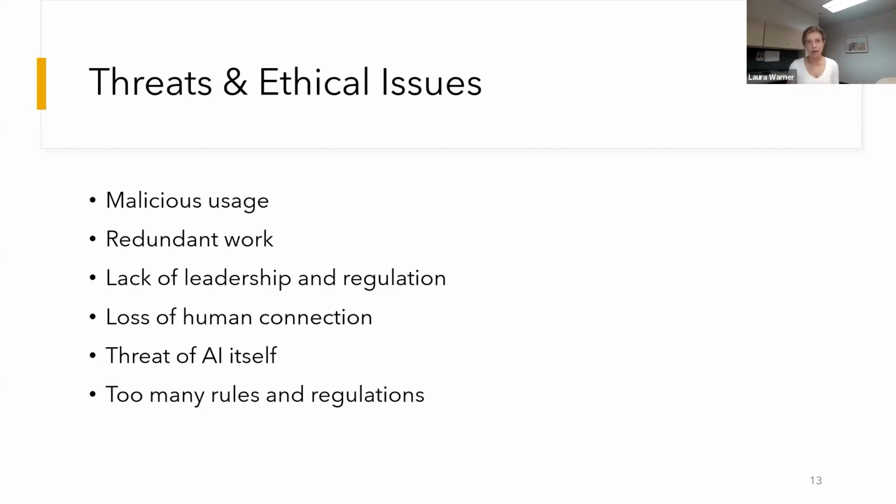I think that the majority of people don't need to worry, because you think of your work and you think of one task you do and another task you do and all the meetings and all the presentations and all the other background work and the network of your day-to-day office and life. There might be some small elements that you could offload onto AI, but not our whole jobs. There's a lot of lack of leadership and regulation around AI too.